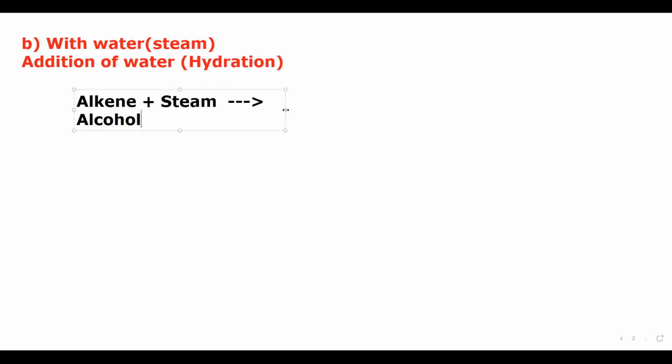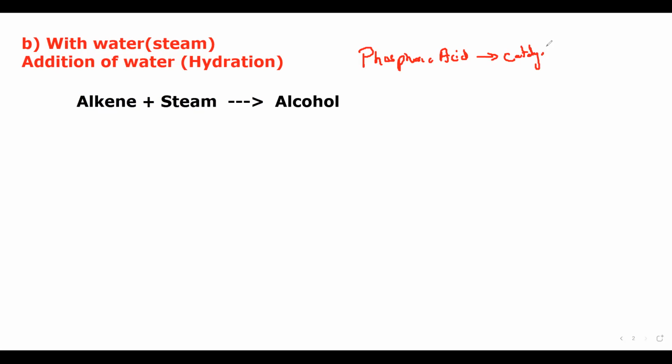Again, you have to learn the reaction conditions, at what conditions it will form this product. Phosphoric acid is used as a catalyst, and there should be a high temperature.